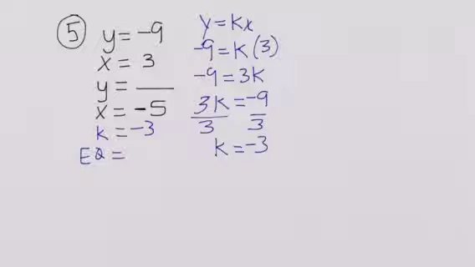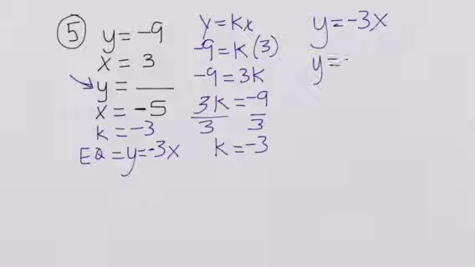If our constant of variation is -3, now we can write our equation. So our equation is going to be y is equal to negative 3x. Now we need to go and find our missing y. So we're going to start with our equation. Y is equal to negative 3x. In this case, we know what x is.